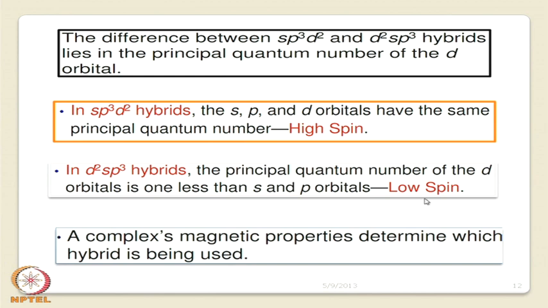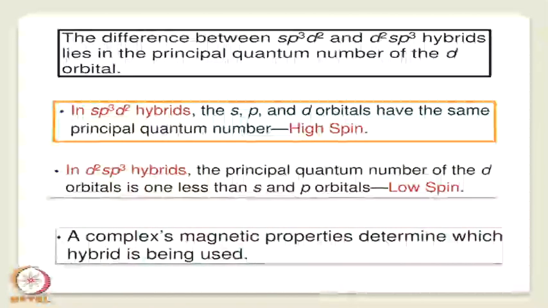When we get a low spin compound like diamagnetic cobalt, which is a 3d6 configuration, we utilize the d2sp3 hybridization scheme. So this gives us some idea about the magnetic moment to some extent, but not all other properties, within valence bond theory.